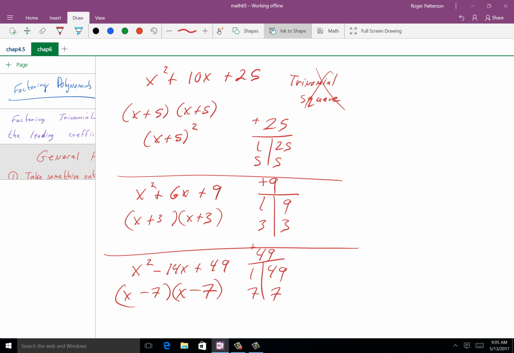So when this is a perfect square, and it just so happens that the square root of that doubled gives you that, then that's what it is. But really, I just factor it like a trinomial. It's just one less thing you got to worry about. Okay.